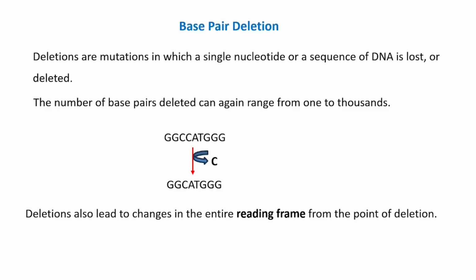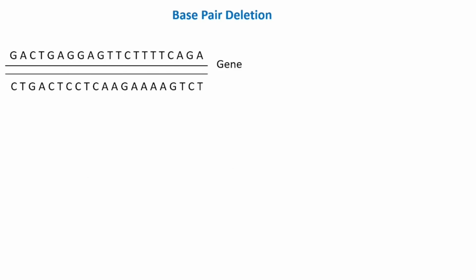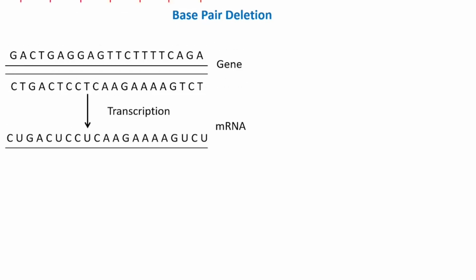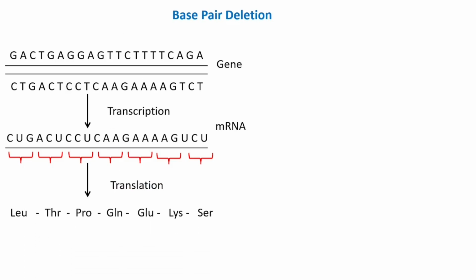Let us understand this with an example. On your screen is a gene with a particular sequence of nucleotides. The transcription results in the formation of an mRNA with a specific sequence of codons. The mRNA is translated to give us the protein with a particular sequence of amino acids.